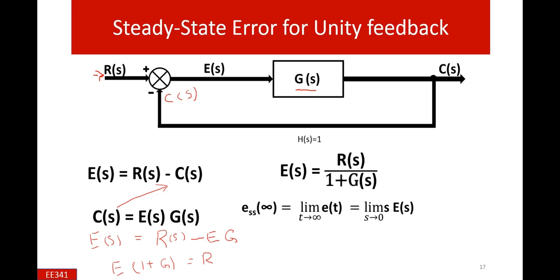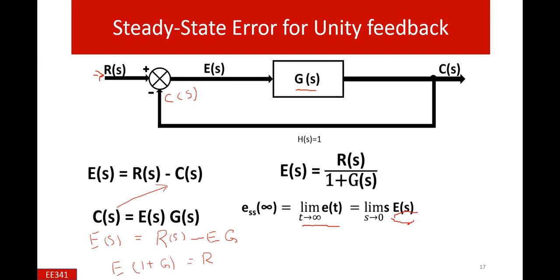You already observed it in signals and systems and also in circuit analysis. So e_ss represents the steady state error, and this infinity is time equal to infinity. So this is the definition of steady state error, and our relation is in the frequency domain.